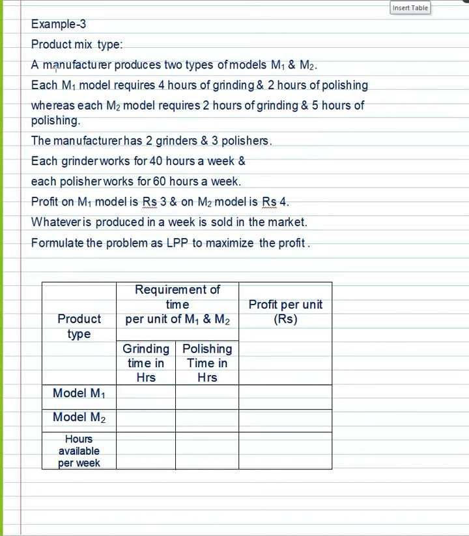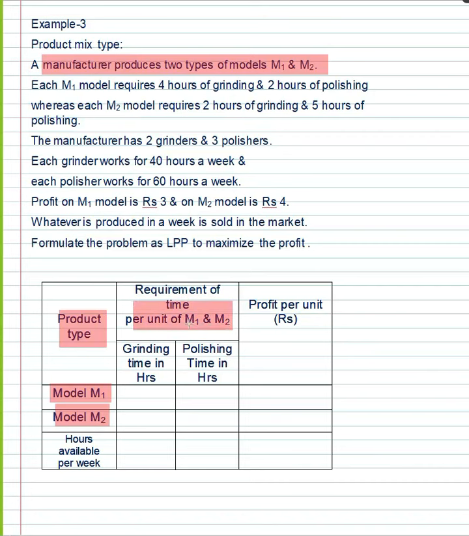So a manufacturer produces two types of models, M1 and M2. This is the first column, product type. There are two models, model M1 and model M2. Second column is the requirement of time per unit of model M1 and model M2.